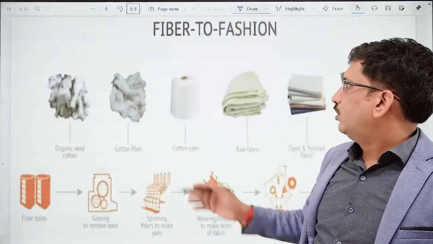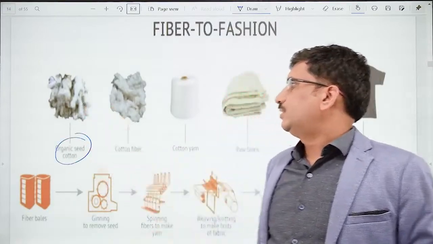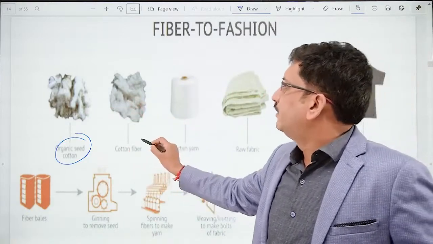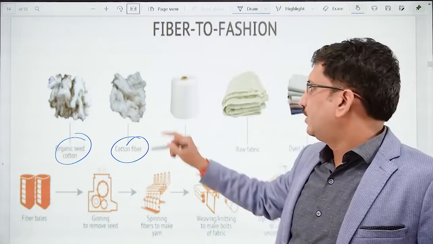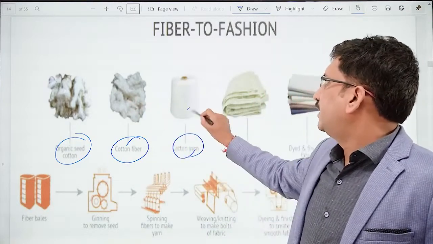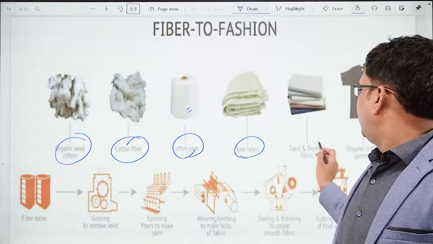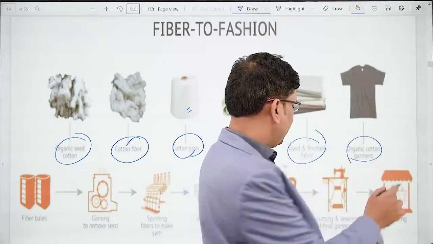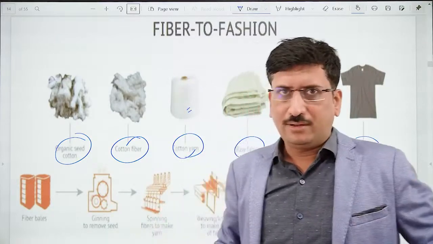You can first see here organic seed cotton, which the farmer grows. Then the fiber is taken out of it. Then it is converted into yarn. Then it is made into cloth. Then coloring and everything is done, and finally it is made into a garment, correct? Which we can wear, right?